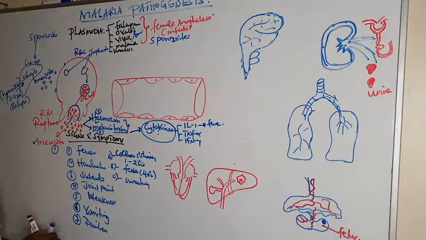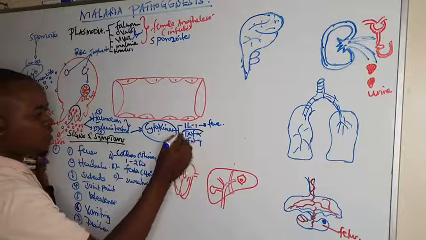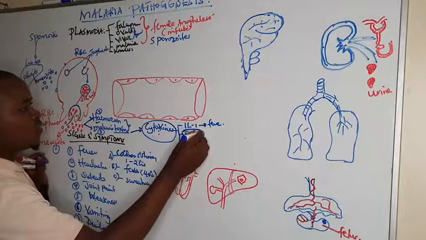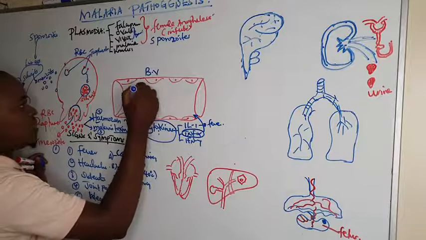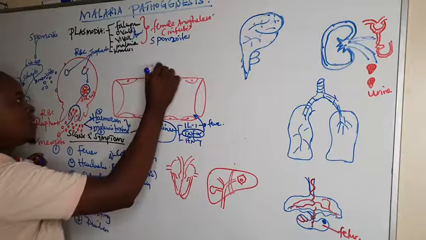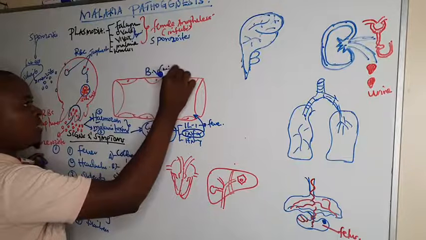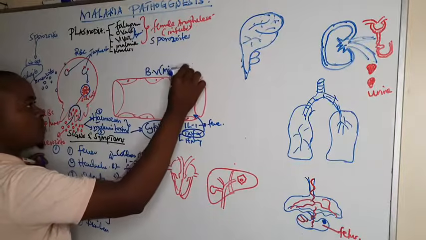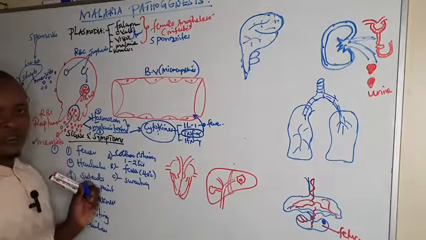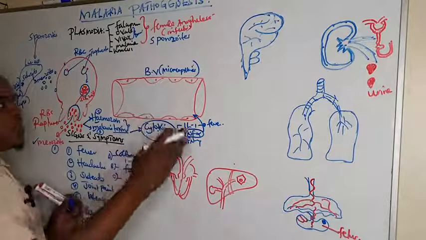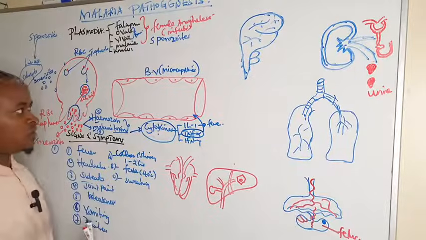After this, we are going to see that substances like the tumor necrosis factor are going to go to the blood vessel. This is the blood vessel. And this blood vessel is representing the microcapillaries. And these capillaries are the ones that are supplying these different organs. It can be the microcapillaries and the postcapillary venules.